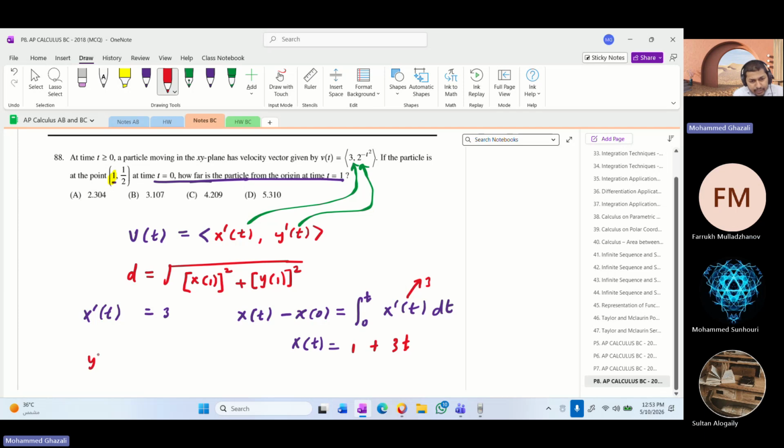Now, y prime of t is equal to 2 to the power negative t squared. So y of t minus y of 0 is equal to the integral from 0 to t of 2 to the power negative t squared dt.